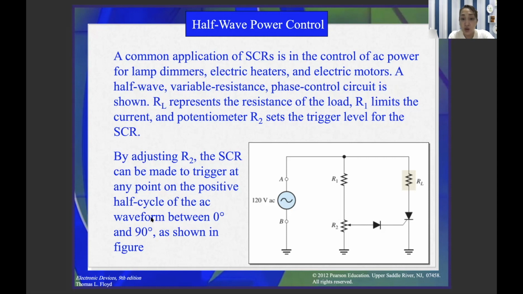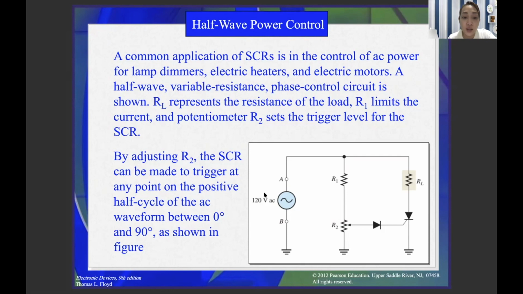A common application of SCRs is the control of AC power. For a lamp dimmer, electric heater, and electric motors, a half-wave variable resistance phase control circuit is shown here. RL represents the load, or the resistance of the load.